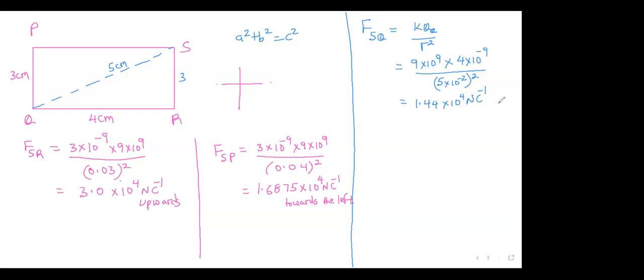But then we need to find the direction. This is a positive force. Q is a positive charge and S is also positive, so S is going to be repelled in that particular direction. So we draw axes to get the angle between the horizontal and the line of action of the force.